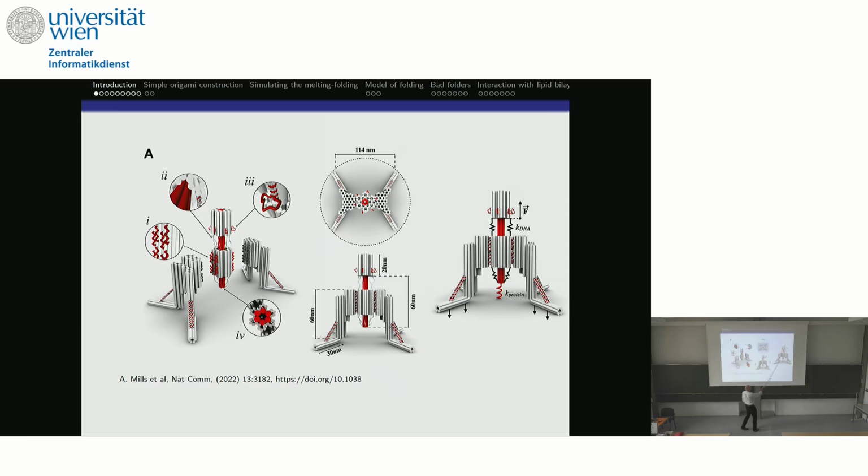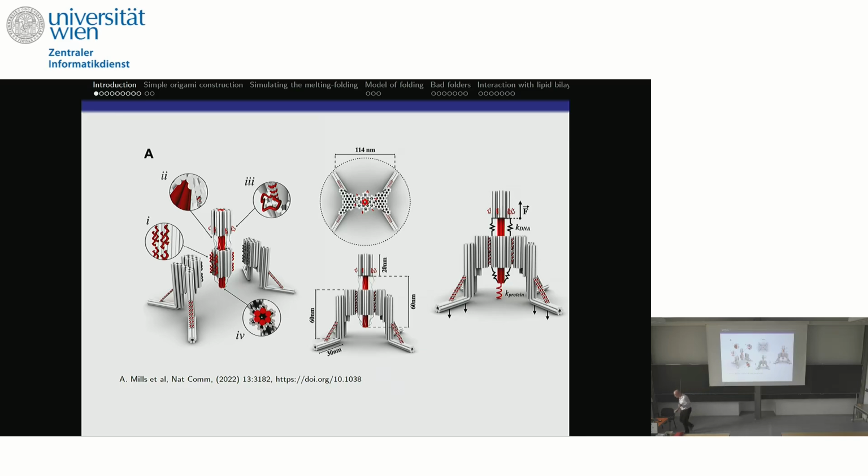It has a central part here, which is a piston that can slide and can exert a force on a protein which is embedded in the bilayer. So I had the chance to participate a little bit in this work, modeling the force that can be exerted by this nanomachine.